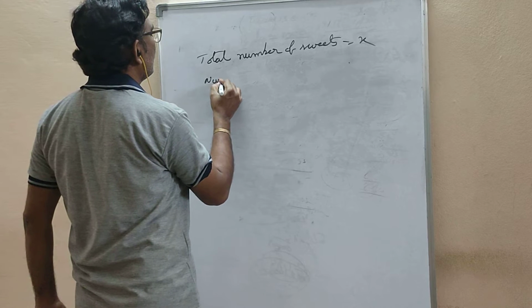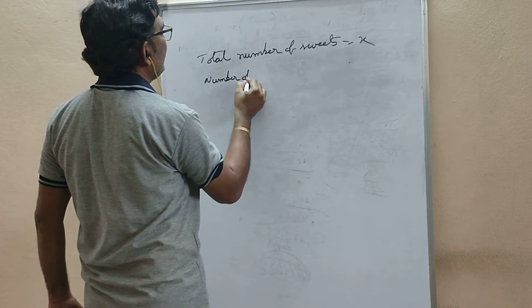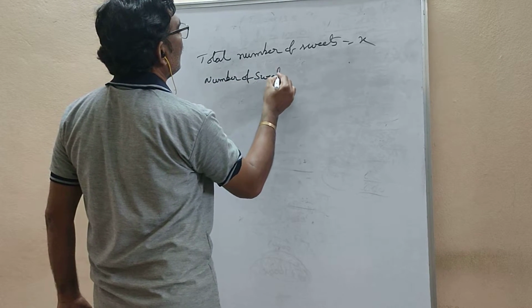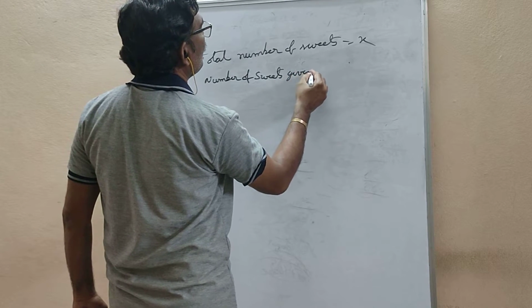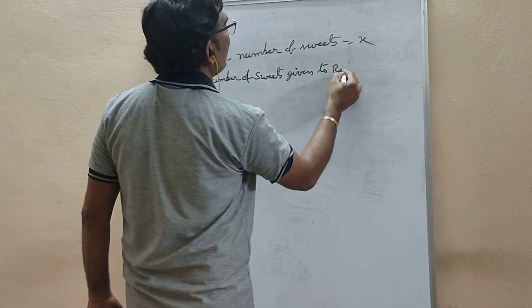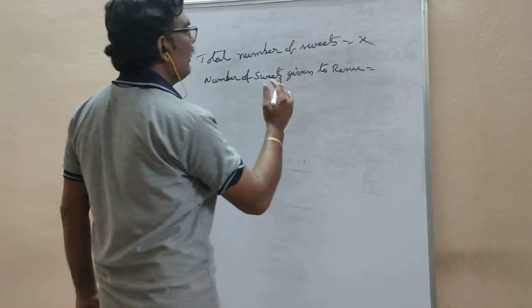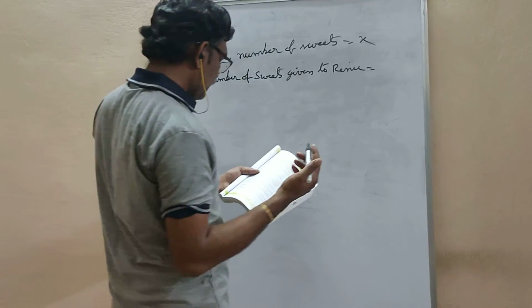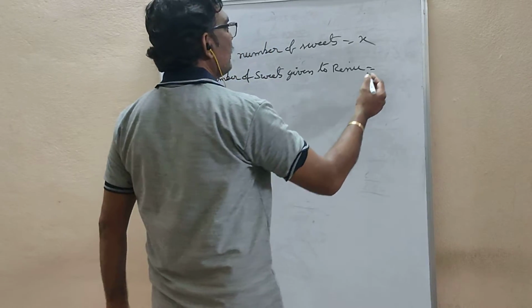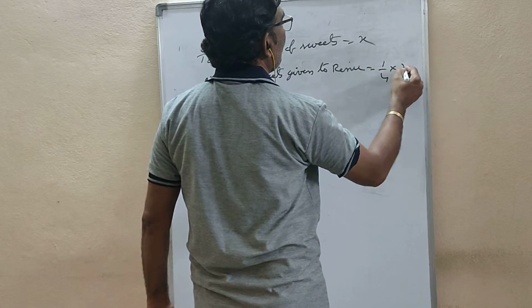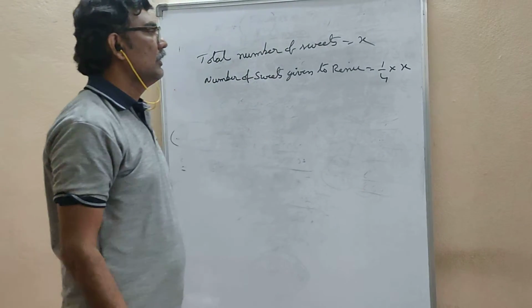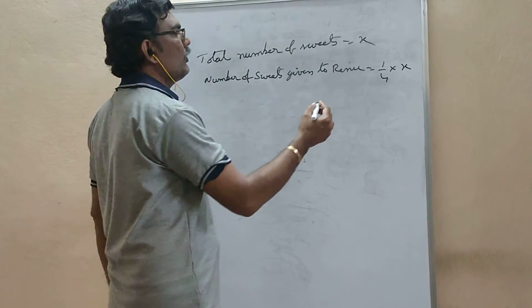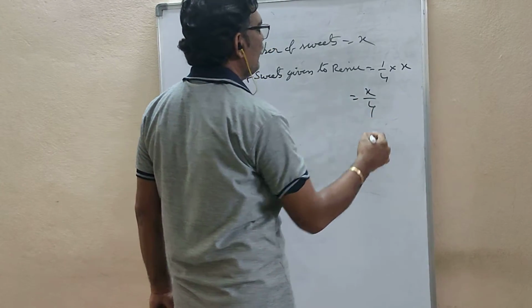Number of sweets given to Renu. For Renu, how many sweets did he give? Quarter means 1 by 4. 1 by 4 of total sweets. 1 by 4 into x, you have to write it as x by 4.